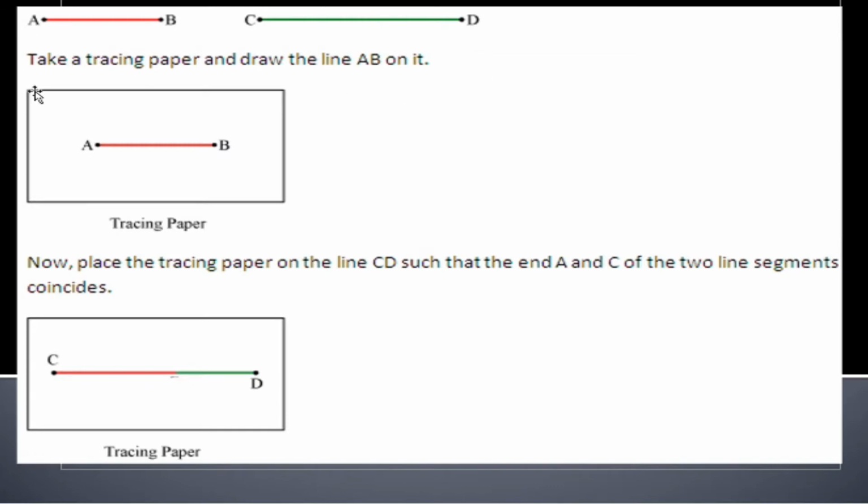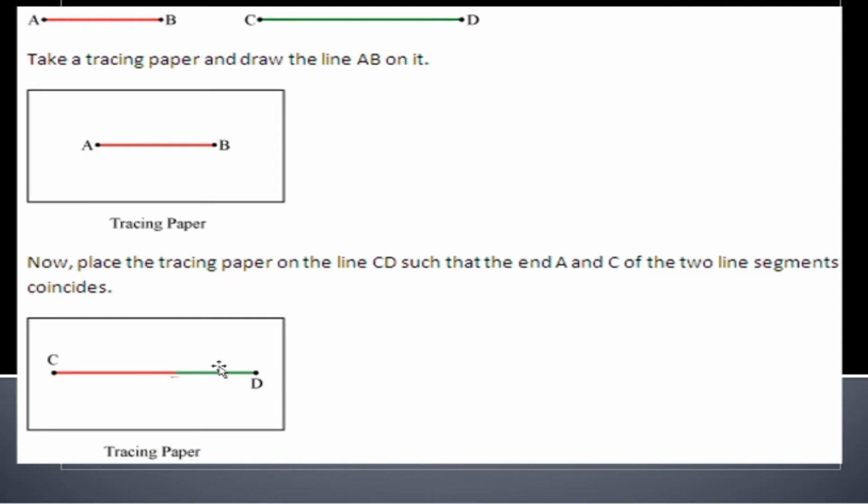This is the method which we have discussed. Take a piece of tracing paper, place it on line AB and draw a line. So here I have drawn it with red color. Now take out the tracing paper and place it on the other line. Three cases can take place. First, through the tracing paper, you will be able to see some extra line beneath it. The second line on which you have kept it must be longer.